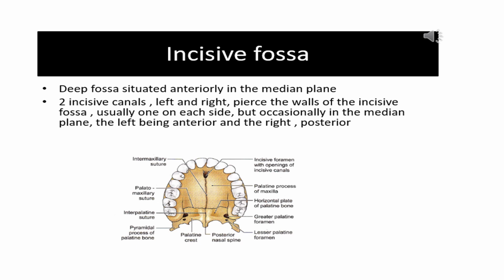In this feature we can also study two incisive canals, left and right, in the walls of the incisive fossa, usually one on each side, but occasionally in the median plane, the left being anterior and the right being posterior. We can see both of these features of the hard palate in the given diagram.